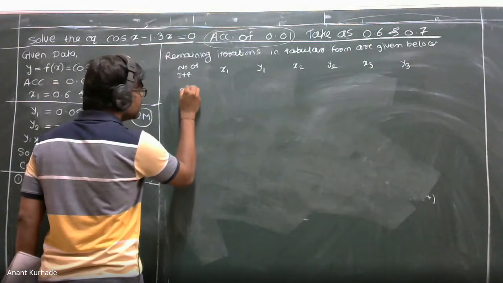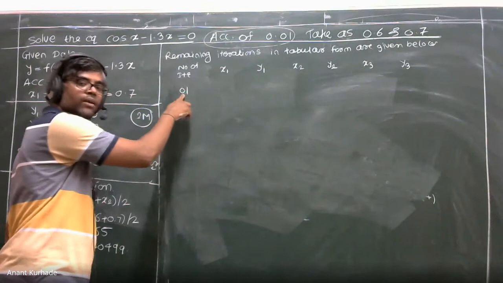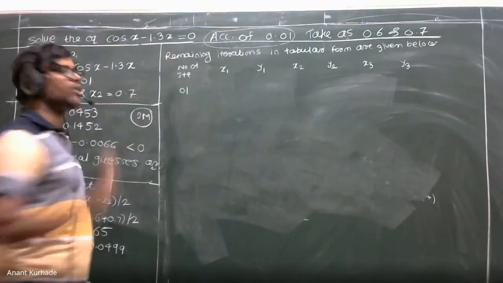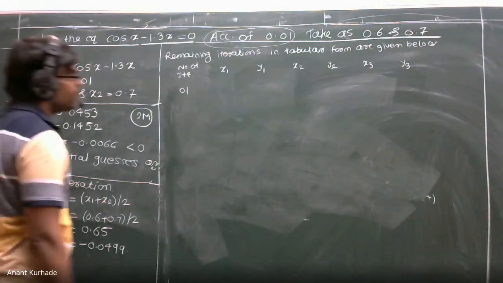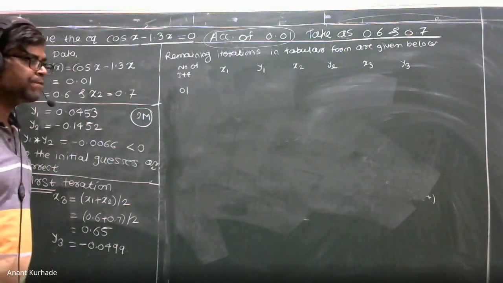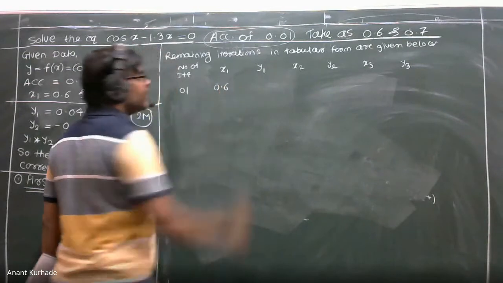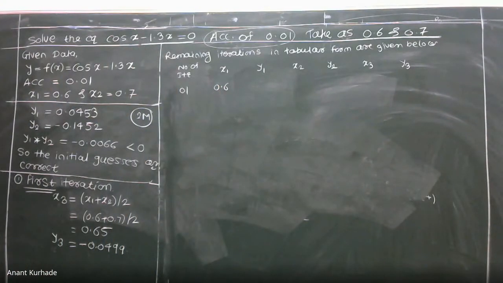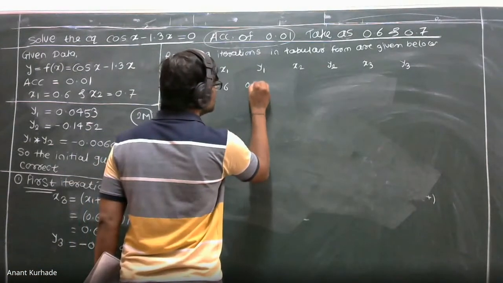Now write down the first row. For the first iteration, what is the value of x1? Hello? Anyone? 0.6. What is the value of y1 at the actual value? 0.0453.